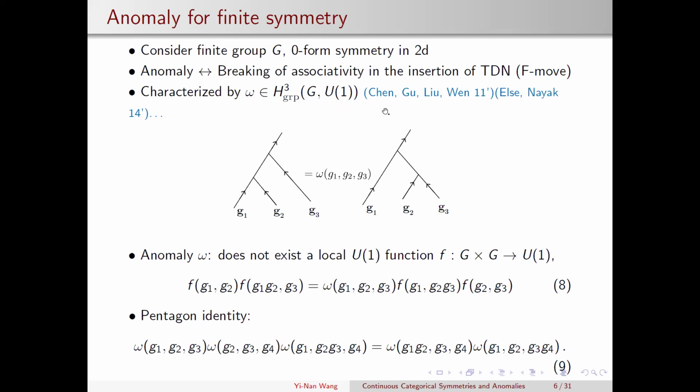So this is very well-known stuff, especially in the condensed matter literature, and these are all things about finite group symmetry that everybody should know.